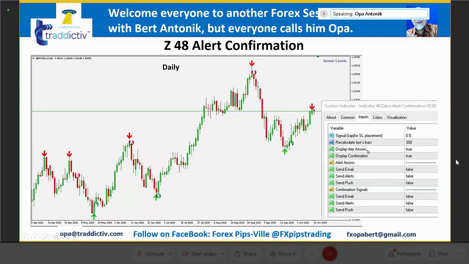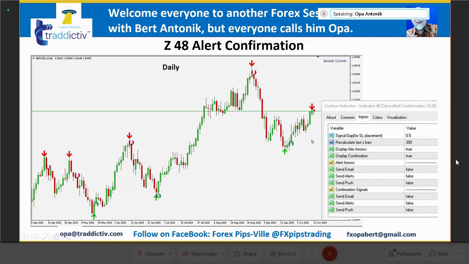We are displaying alert arrows and confirmation, so you can choose whether you want to display everything or just a little bit. Okay, and so you can then have your email or send alerts push for either the arrows and the confirmation, or one or the other, whatever you choose.